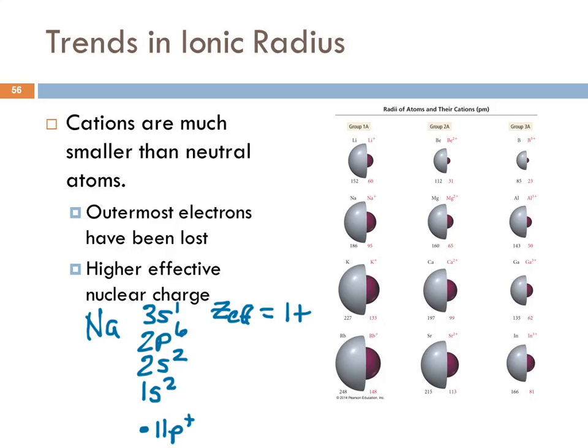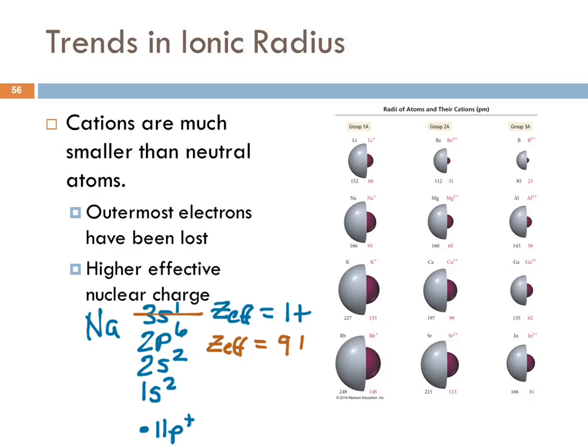If I get rid of that guy, let's do that with a different color. If I get rid of him, what's Z effective for the n equals 2 electrons? It's 11 protons minus the core electrons. What are the core electrons? It's just the 1s. So it's 11 minus 2.